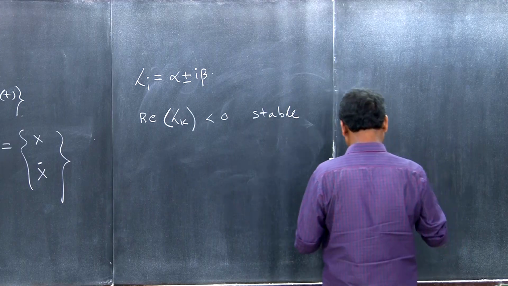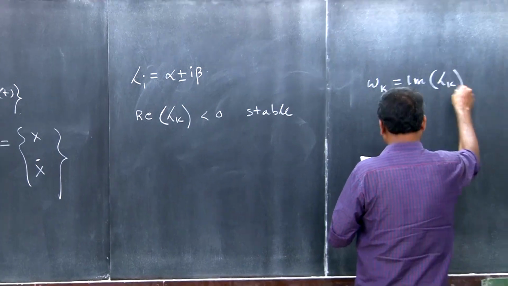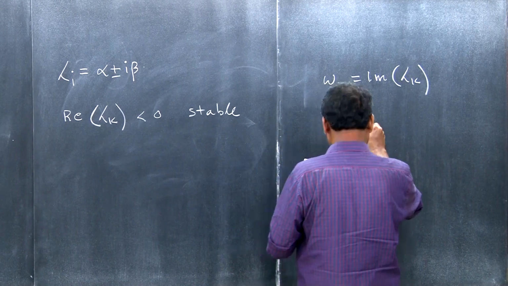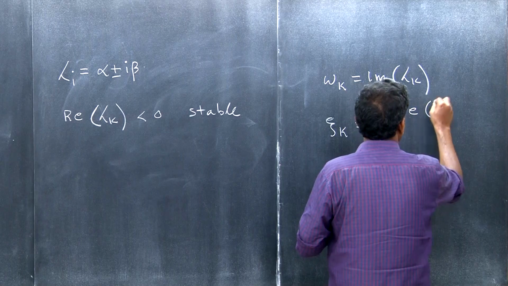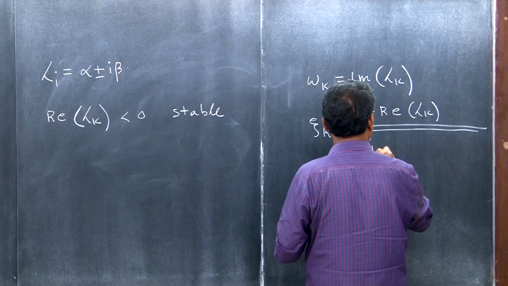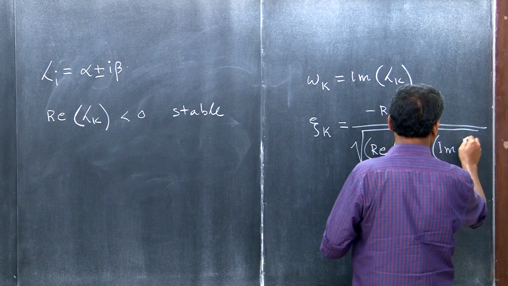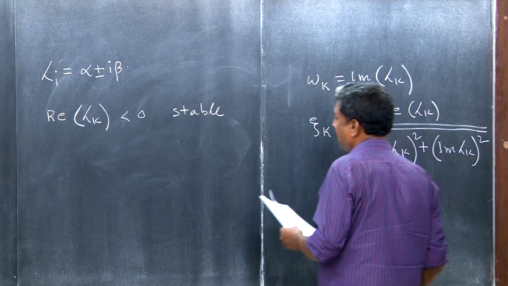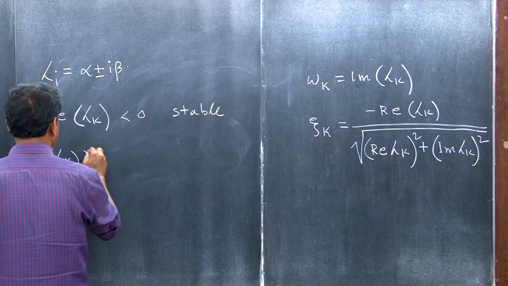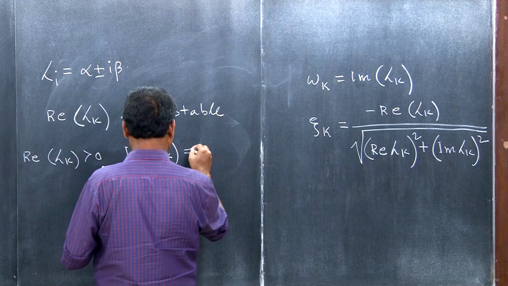This I have mentioned to you, that omega_k squared is nothing but the imaginary part of lambda_k, and xi_k, the damping ratio, is minus the real part of lambda_k.